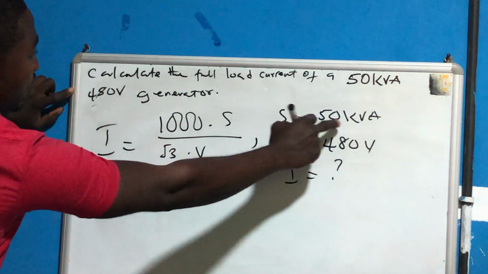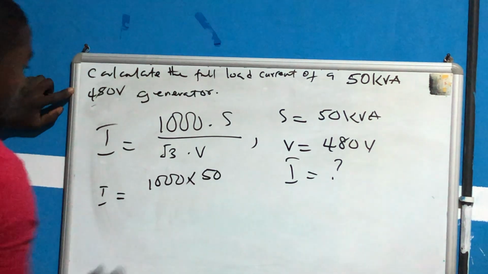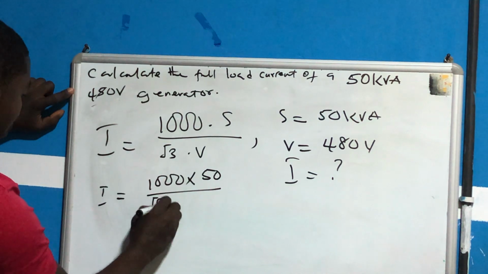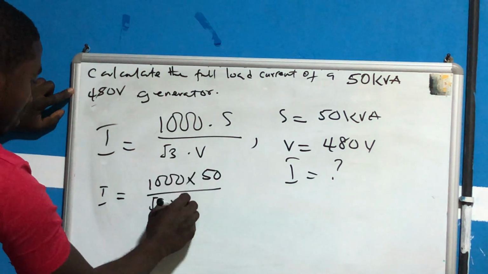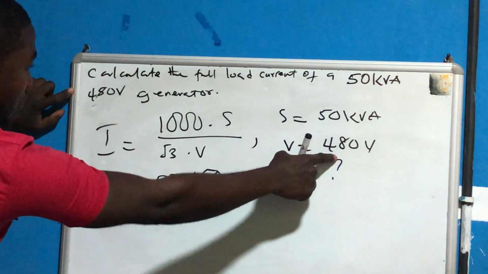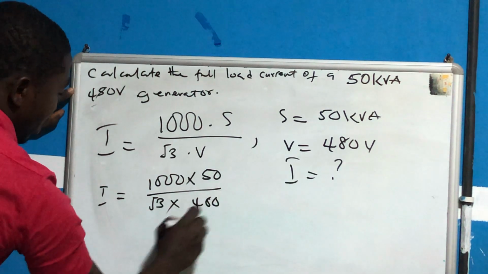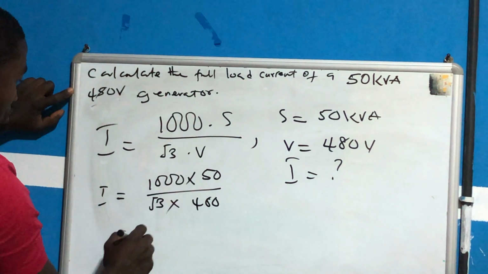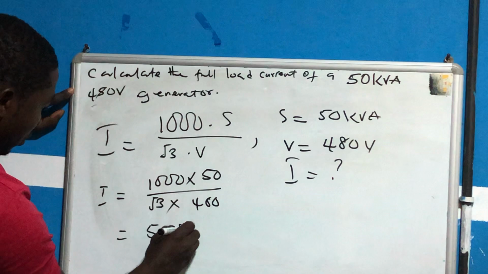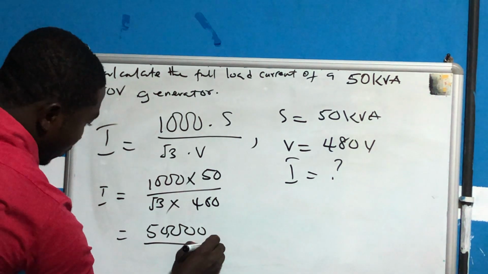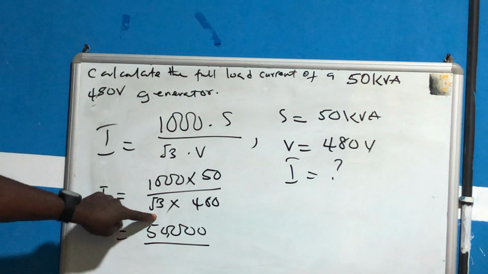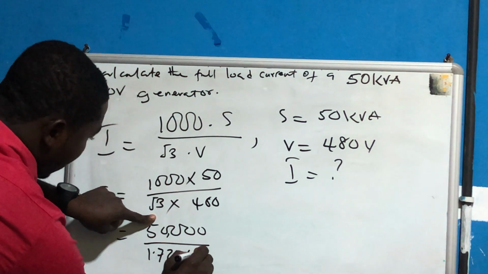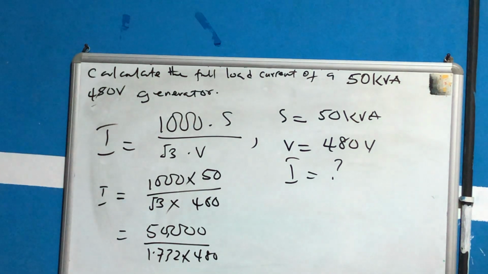The S, which is 50 kVA, so put 50 there, over square root of 3 times the voltage V, which is 480. 1000 times 50 will give you 50,000. Square root of 3 is 1.732 times 480.